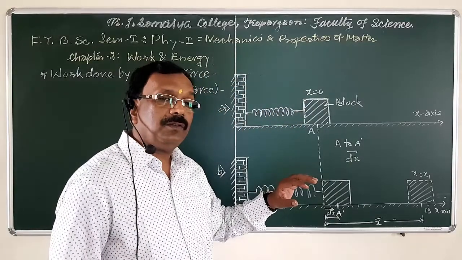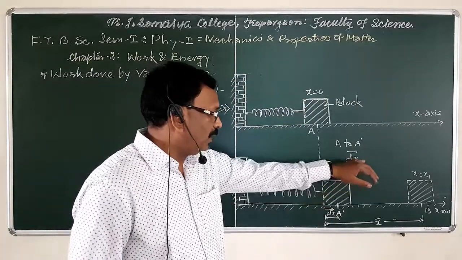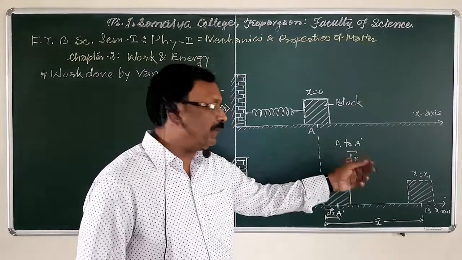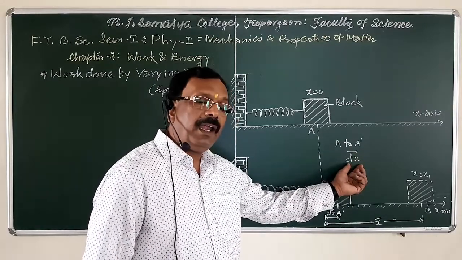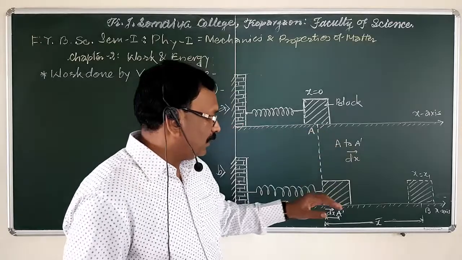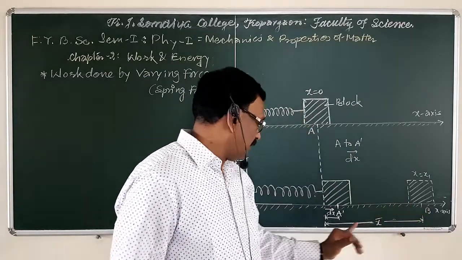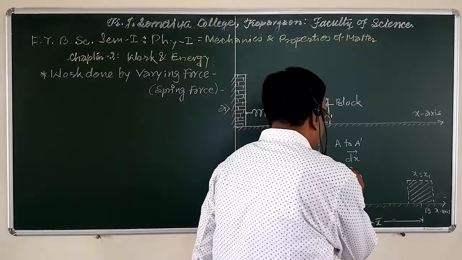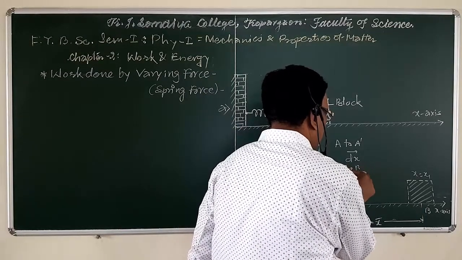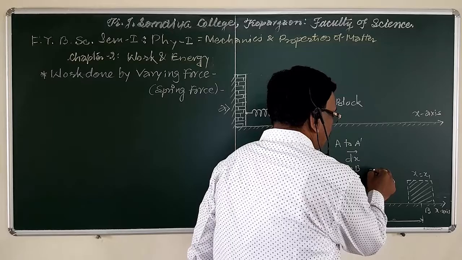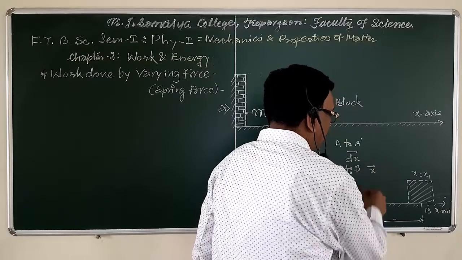First of all, we want to calculate the work done for this small or infinitesimal displacement, and then we have to obtain the work done for finite displacement, that is from A to B, and that displacement is nothing but x.